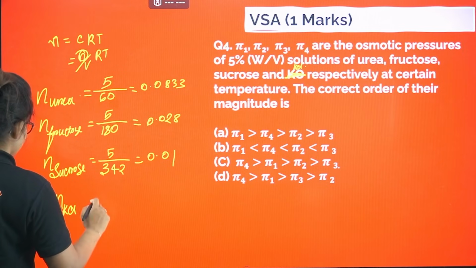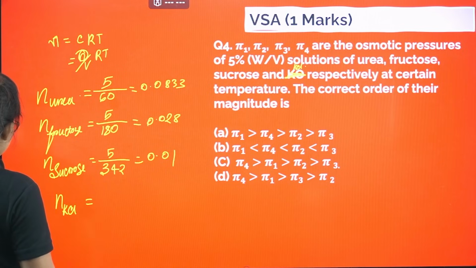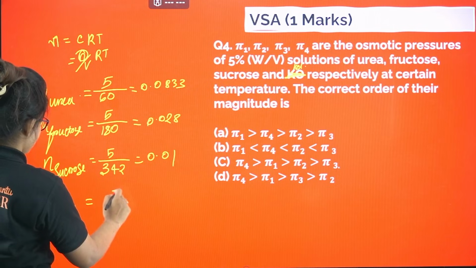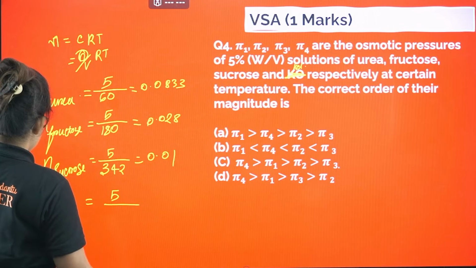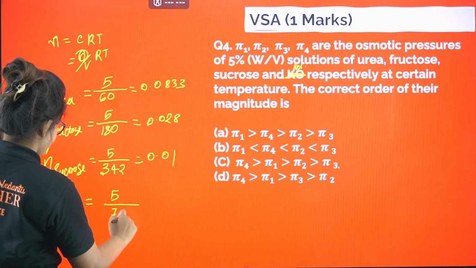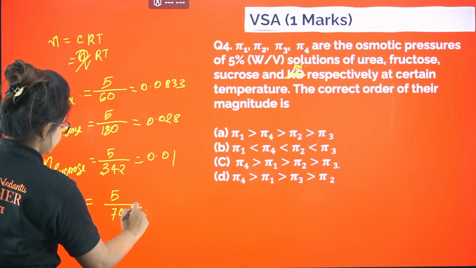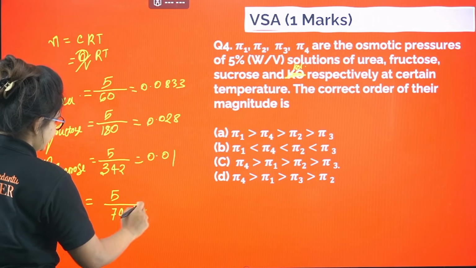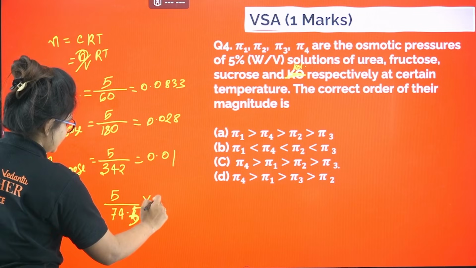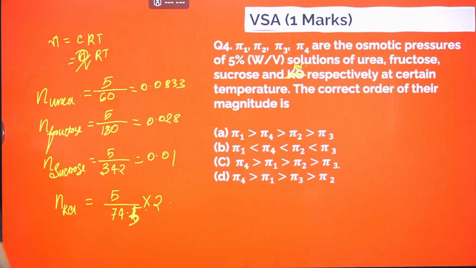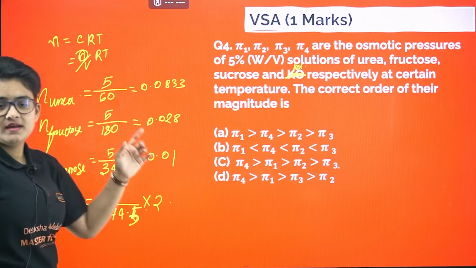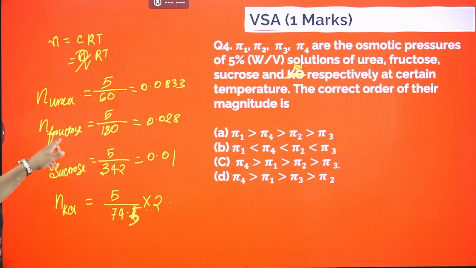So KCl, it's going to be 5 divided by 74.5. One more thing that we have to do here, we have to multiply this number of moles of KCl by 2. Why? Because urea cannot be dissociated, fructose cannot be dissociated, sucrose cannot be dissociated.